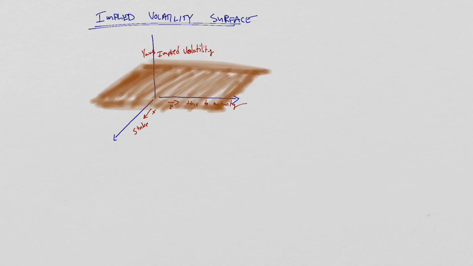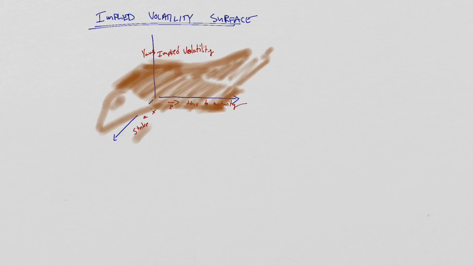No, after controlling for these factors, no one option on the same underlying should be more expensive or less expensive than another. But in practice, you get a volatility surface that is uneven. It may look like this, or it depends. It really depends.